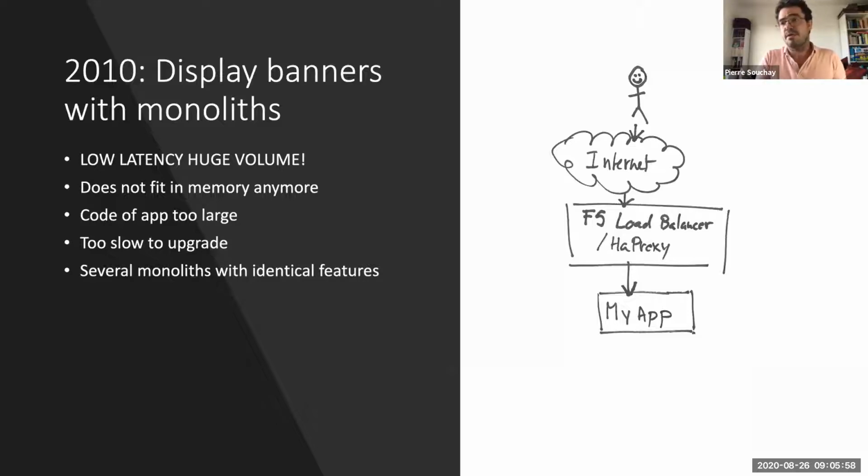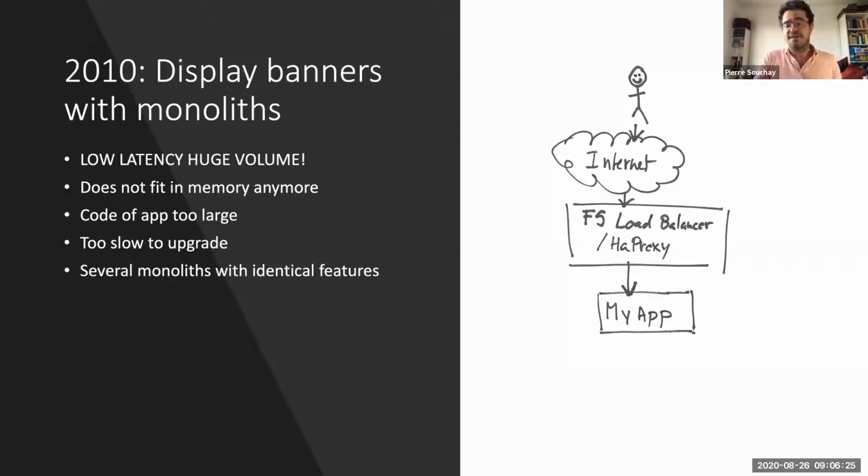At that time, we reached a point where our big monolith applications were not able to evolve anymore. The data set handled by this application was too huge for a single machine. The code was too large. It was too slow to upgrade, and we had several of those applications sharing the same information.